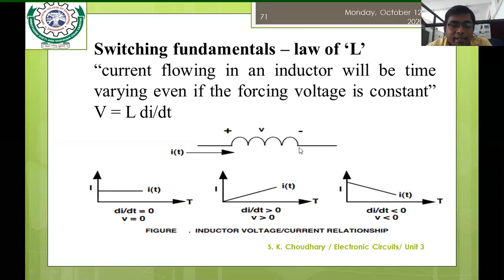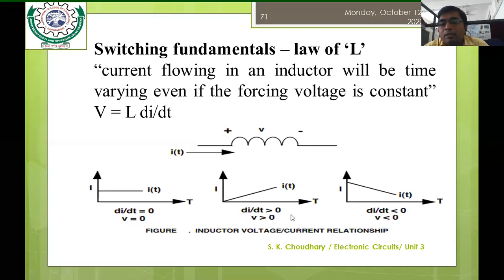You can see there are 3 cases. When the current is constant, the rate of change of current is 0, so the voltage across the inductor is 0. But when di/dt is greater than 0, meaning the current is linearly increasing, the voltage across the inductor is also greater than 0. The inductor also has the property of reversing polarities.